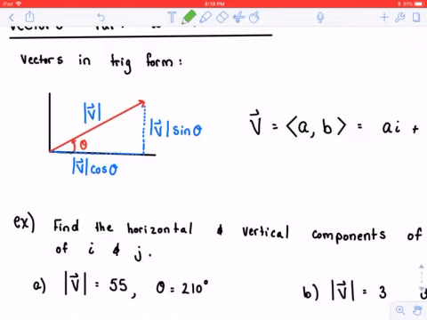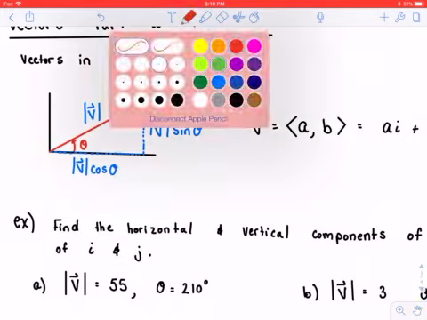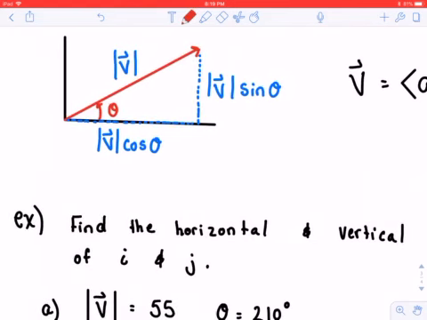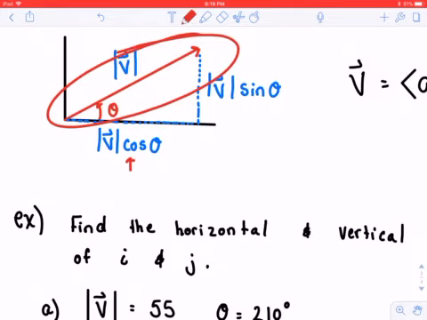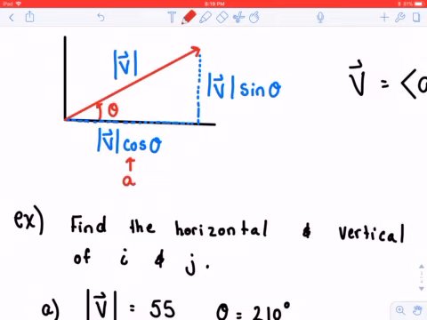So if you have a vector written in the form AB, here's my vector. Now in this case I'm going to actually put my angle in there too. So I have another component to add, but this is your A value. Your A value is the magnitude of the vector times the cosine of theta. Now again, normally you would just call it cosine theta if the magnitude is 1, if it's a unit vector.